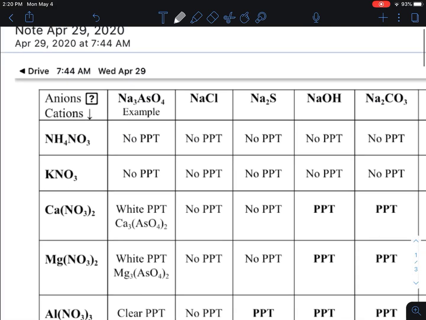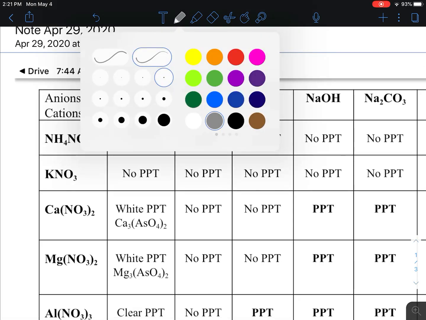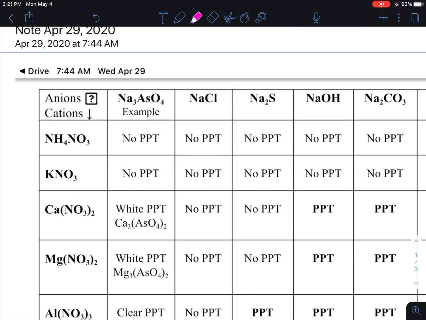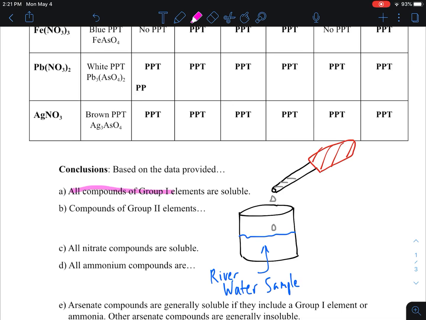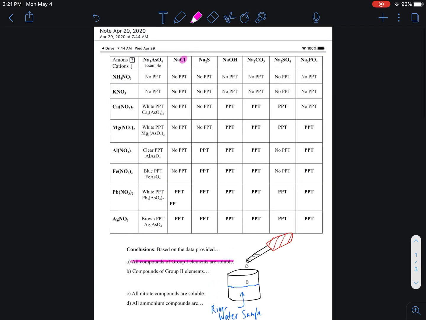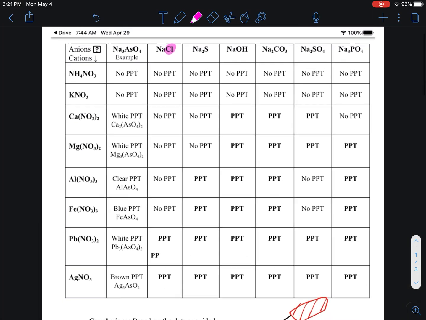Let's say that we think that there is chloride in the river water. Now we know that sodium is always soluble, so it doesn't matter what we add to sodium, it's going to stay dissolved. But that's not exactly the case for chloride, because chloride sometimes isn't soluble.